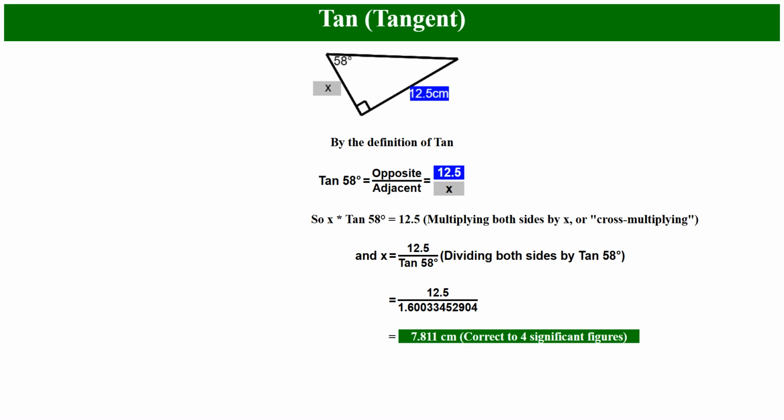Now let's look at a different example where, given the opposite length, it's 6.5 centimeters, and we're also given the adjacent 8.5 centimeters. And we need to find the angle, we'll call it theta.